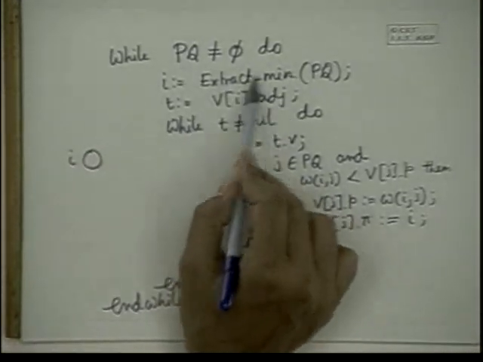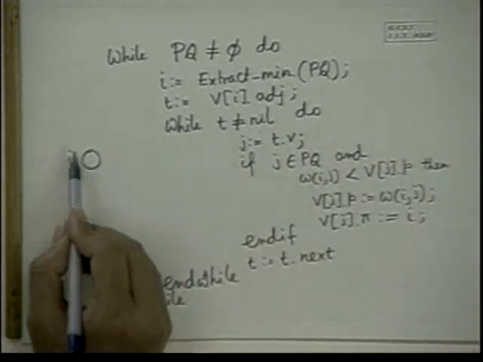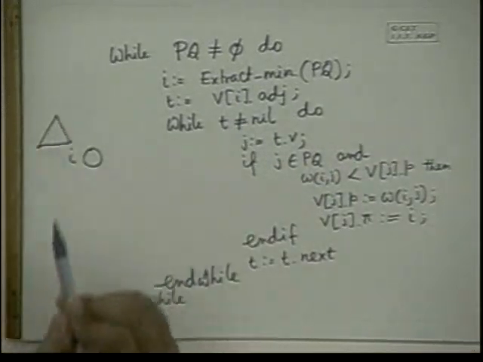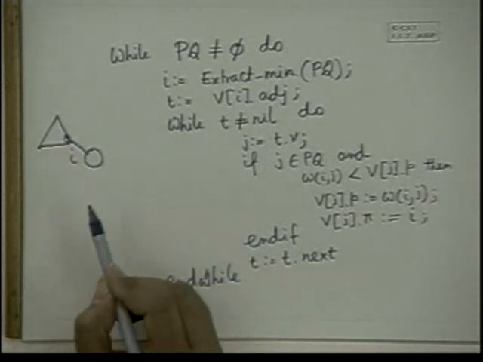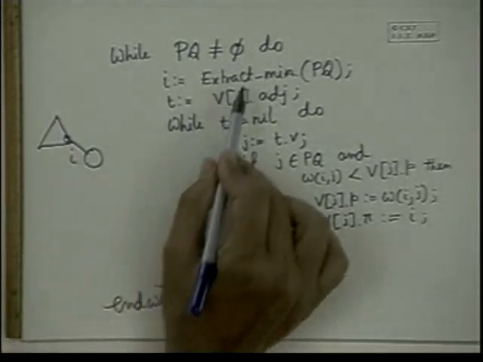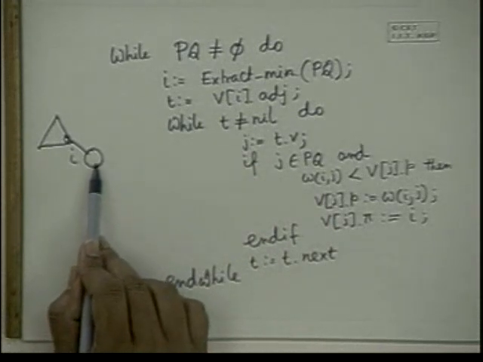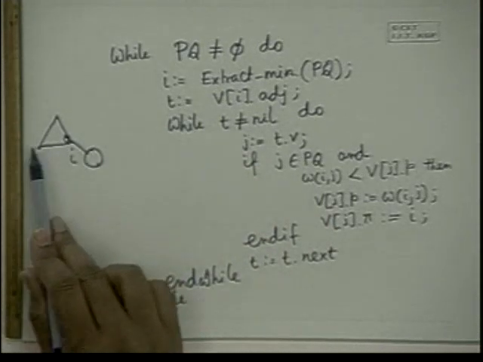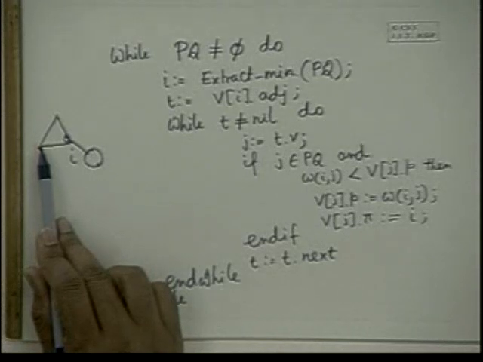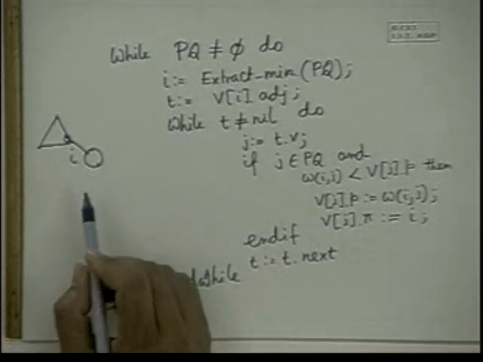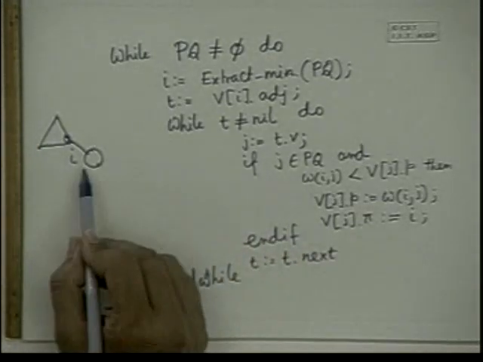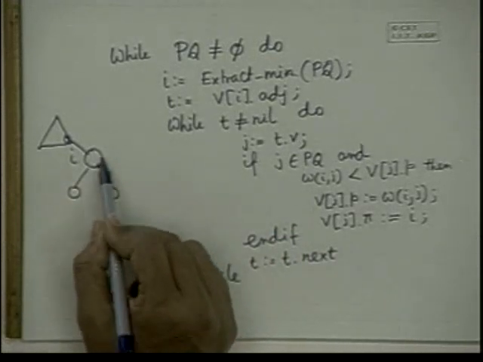So when you extract the min, this i will be included in the tree. Suppose you have built up to this tree and it has included this i now. When you extract the minimum, it means this vertex now with this edge will be included in the minimum spanning tree. Now this while loop is trying to see all its neighbors.